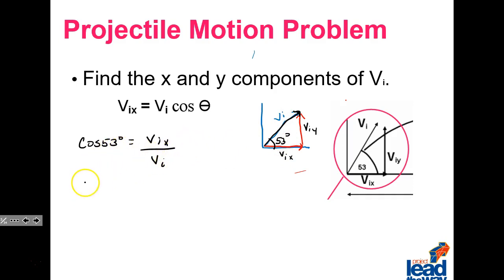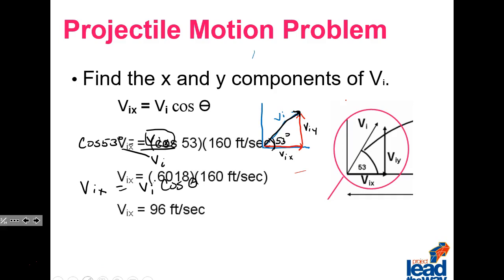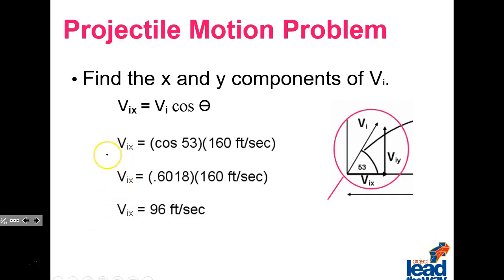And with a simple cross multiplication, VIX is equal to VI times the cosine of 53 degrees, or cosine of theta, which happens to be 53 degrees. So plugging that in, let me erase all this ink, we get the cosine of 53 degrees times VI. This is the cosine of theta. This is VI, 160 feet per second. Throw that in your calculator and you're going to end up with 96 feet per second.